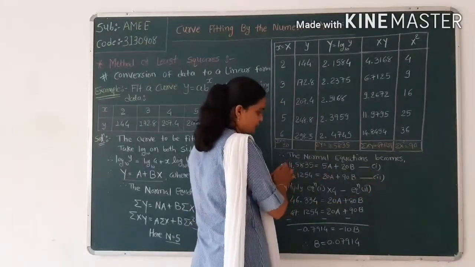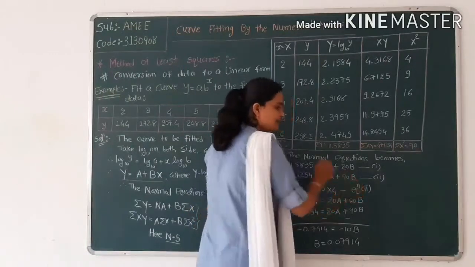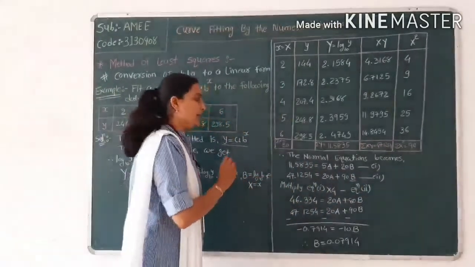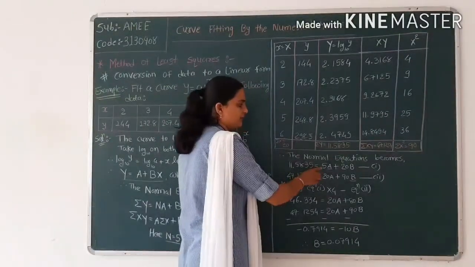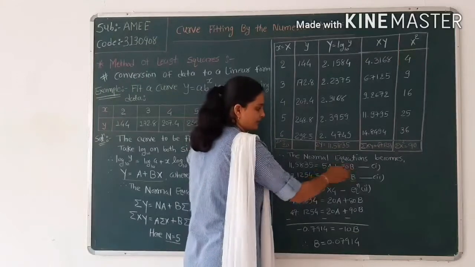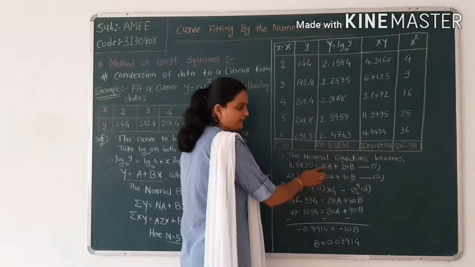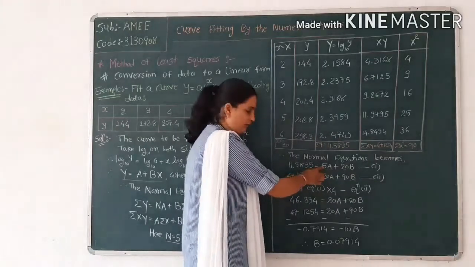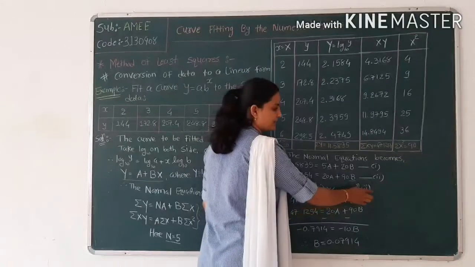Now solving these two equations, we get the values of capital A and capital B. Using the elimination method, we have 5A in equation 1 and 20A in equation 2, so we multiply the first equation by 4 and subtract equation 2.